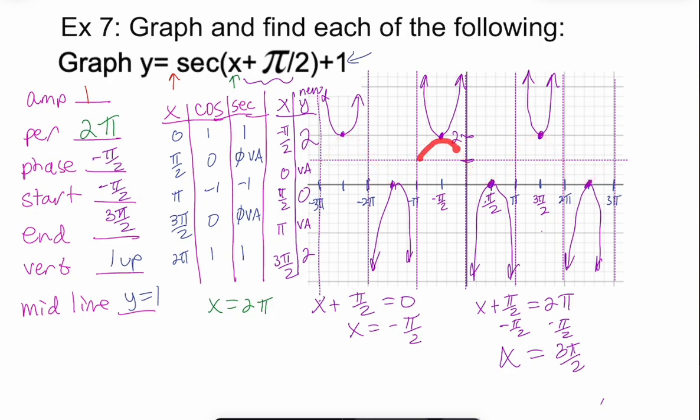So every place the cosine has an upper bump, it bounces and goes up, bounces and goes down, bounces and goes up, bounces and goes down. It's a reciprocal. So that's what happens. A fraction becomes something bigger. A big number becomes a fraction. So it kind of flips those values, if that helps you think about that.